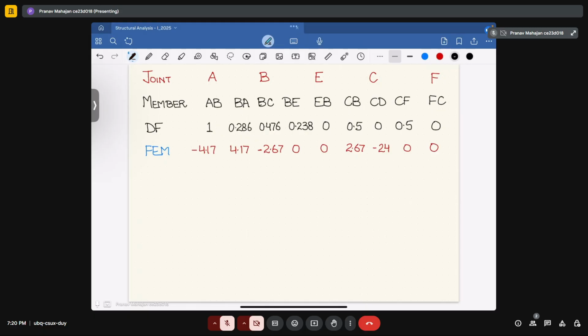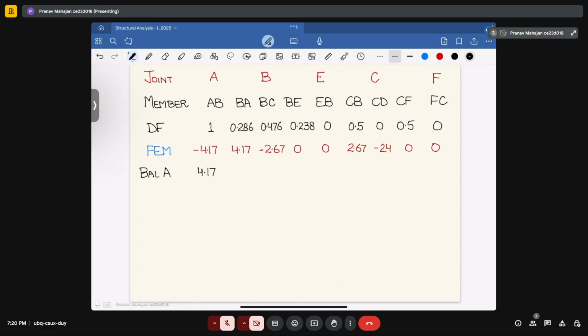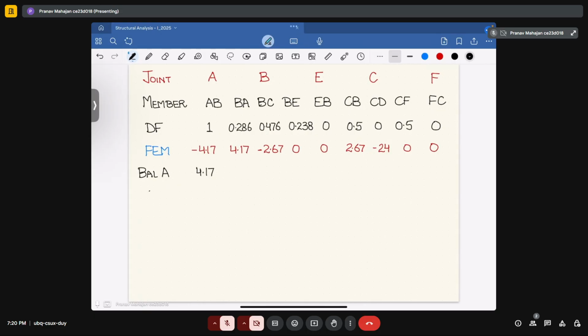Okay. Now what will you do first? You will first balance the A part. So if we try to balance the A part, it should have 0 moment, but here a negative moment is coming. So what you will do? You will make it 0. If you make it 0, its corresponding carryover moment will also come. So for the carryover moment, I will mark horizontal lines.